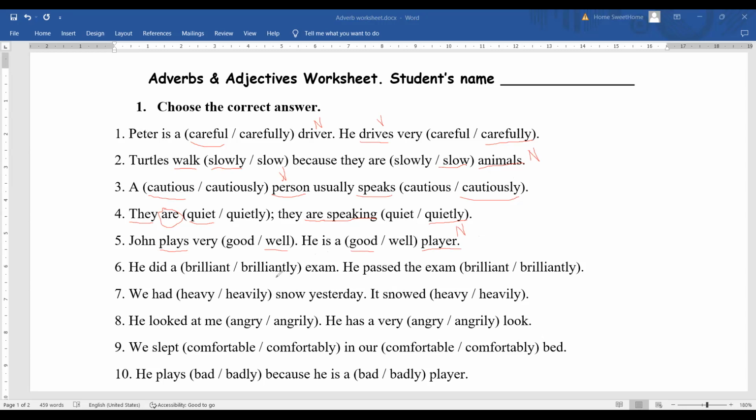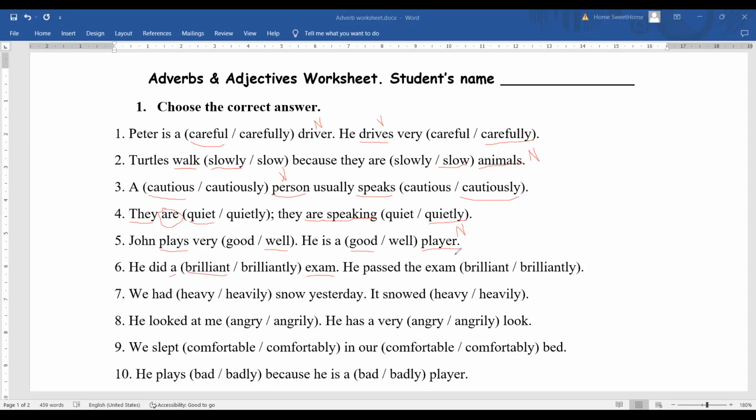All right, if we were talking that he did an exam, how he did, we would say brilliantly, because we would be describing the word did. But there is an article a and the word exam after an adjective. That's why we need an adjective to describe the word exam. He did a brilliant exam.